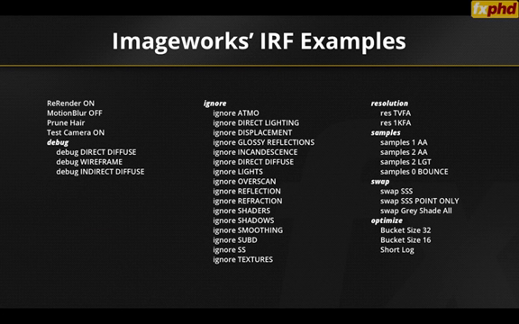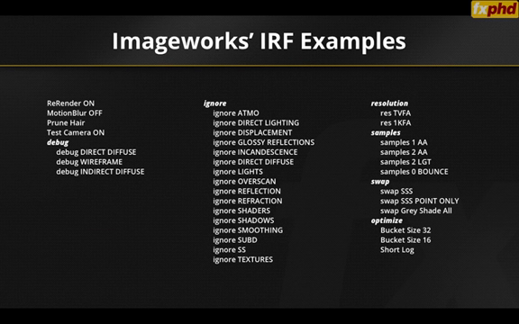You can do things like ignore direct lighting or ignore glossy reflections, or even just ignore things like shadows or reflections totally. You could also say I want to have the resolution changed, so I could set it to just do a 1K render instead of a 4K render. I could say, as we talked about earlier, I want my samples just to be a value of 1 AA instead of, say, 4 or 5.